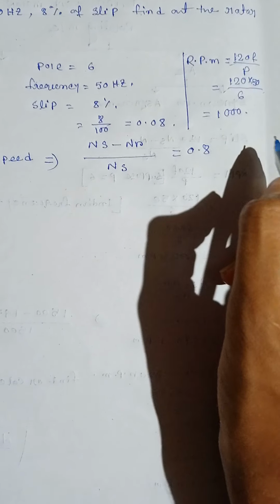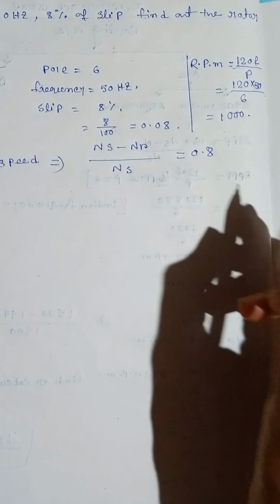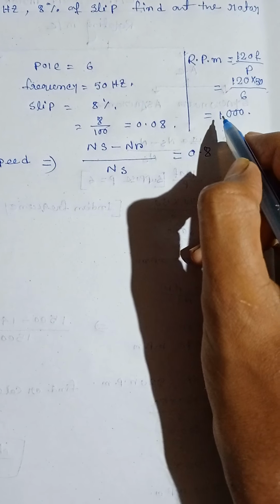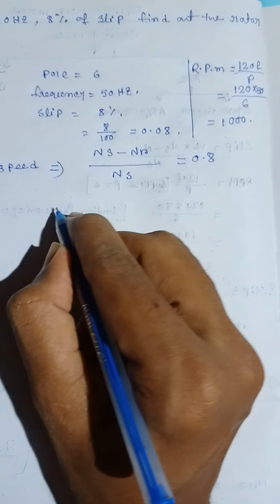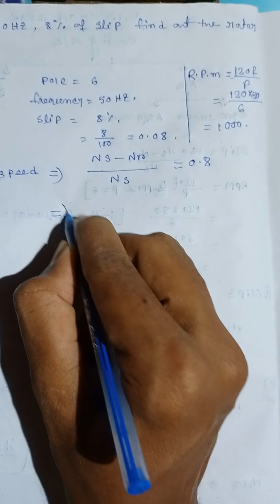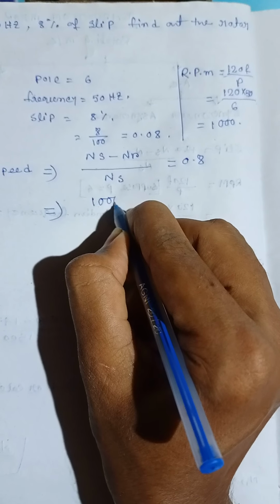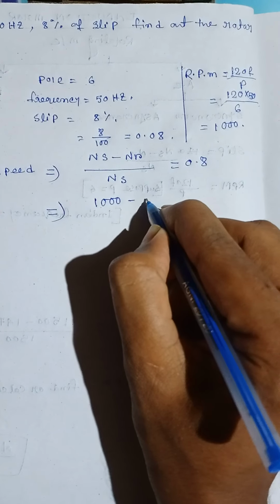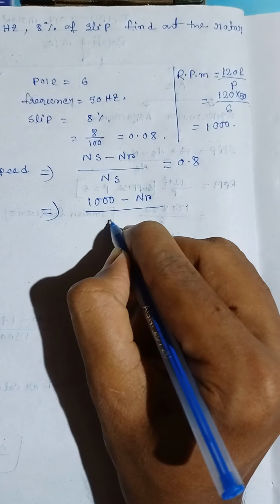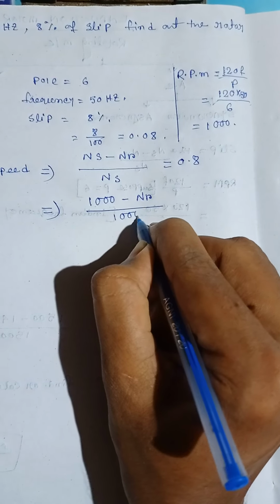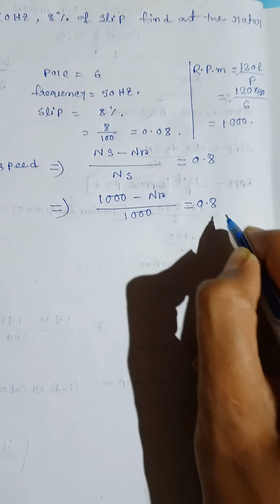Okay, so synchronous speed ns equals 1000, so 1000 minus nr divided by 1000 equals 0.08.